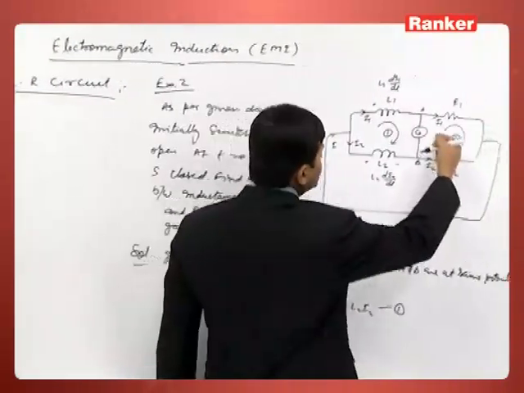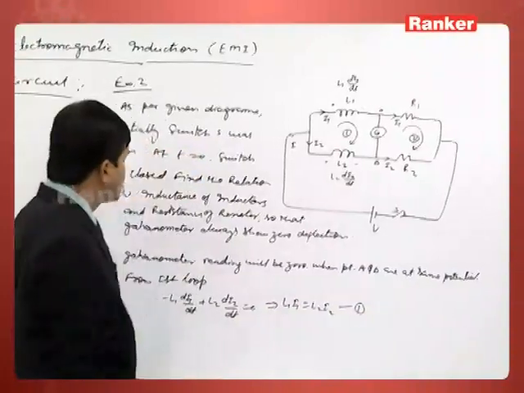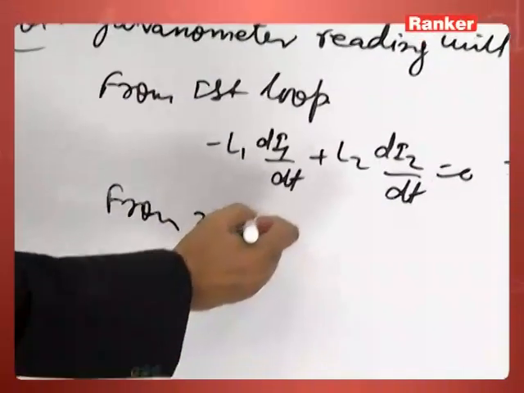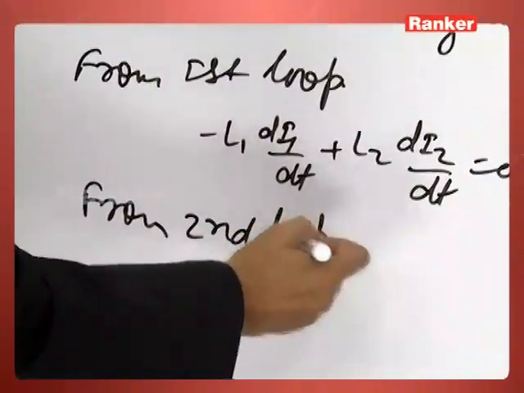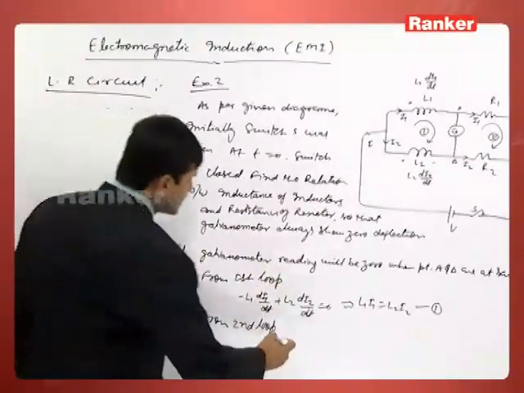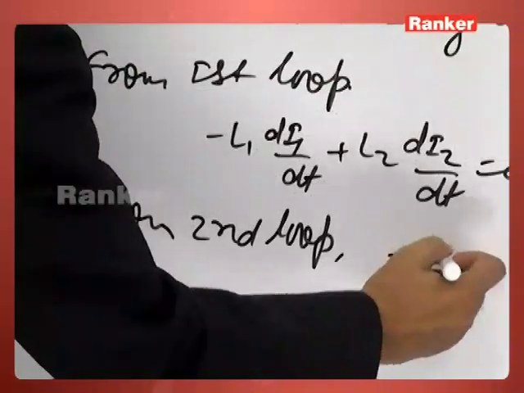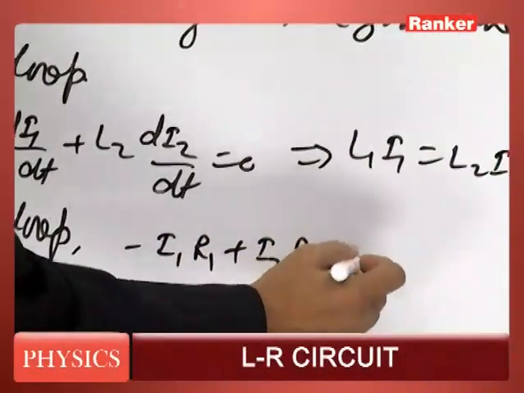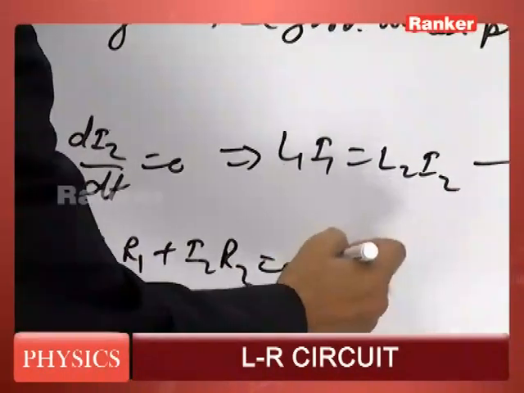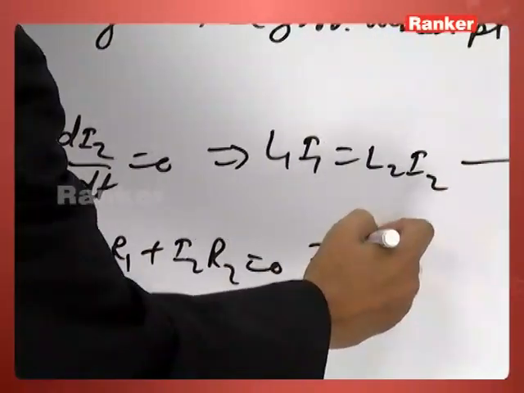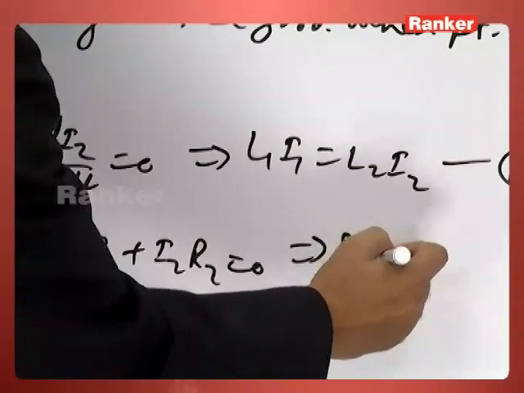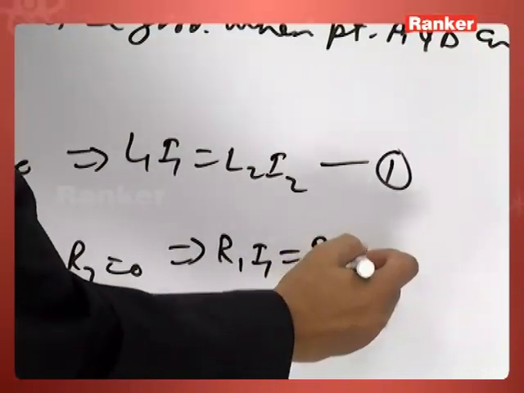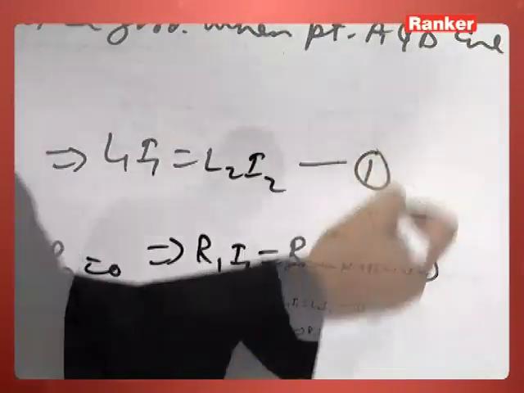Similarly, we can apply Kirchhoff's law in the second loop. From the second loop we can write minus I1 R1 plus I2 R2 is 0. This gives us R1 I1 is equal to R2 I2, the second equation.